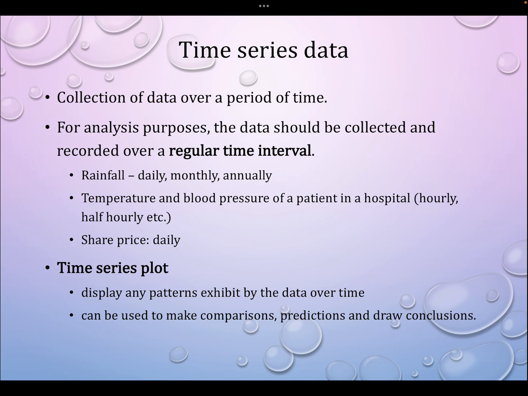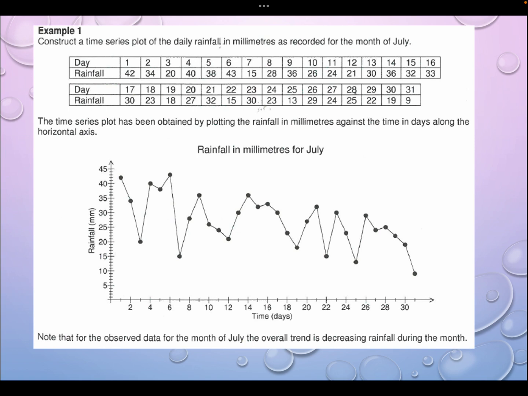So the time series plot actually displays any patterns exhibited by the data over time. It can be used to make comparisons, predictions, and draw conclusions. One of the examples that I'm showing you is rainfall. For example, this records the rainfall in millimeters in the month of July.